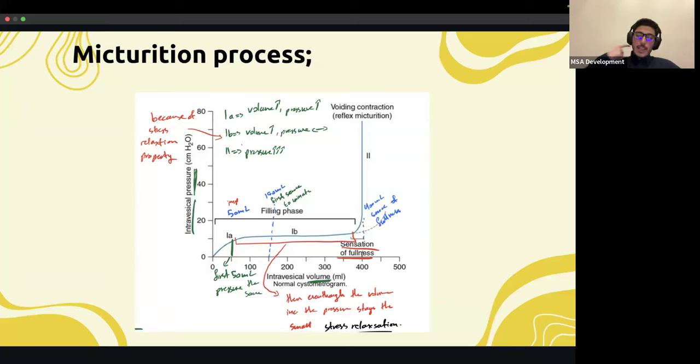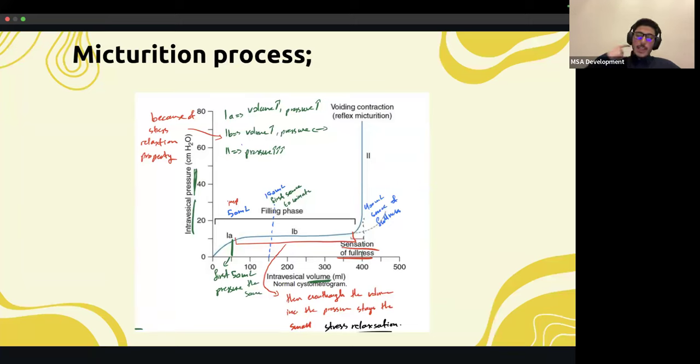It's used to diagnose patients who have issues with the expansion of the bladder and the response of the bladder for micturition. So typically, as we mentioned, double lumen catheters. One, the blue one, just adds fluid, which is water, into the bladder. The second one senses the difference in volume and the difference in pressure.